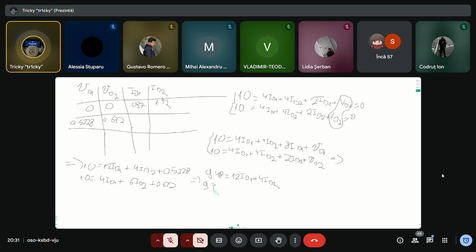I'm gonna approximate it again. 9.37 is equal to 4 ID1 plus 6 ID2, and we will do the exact same thing. We will multiply this by minus 3, and we will add them up.